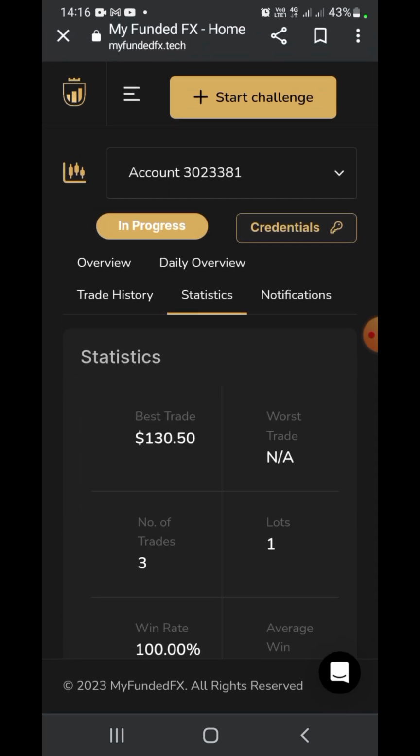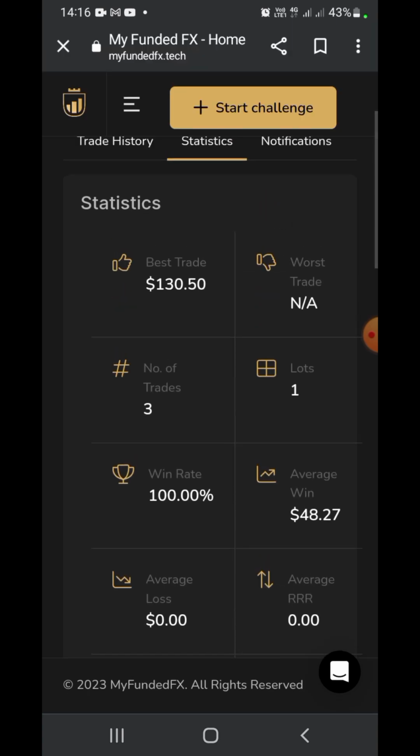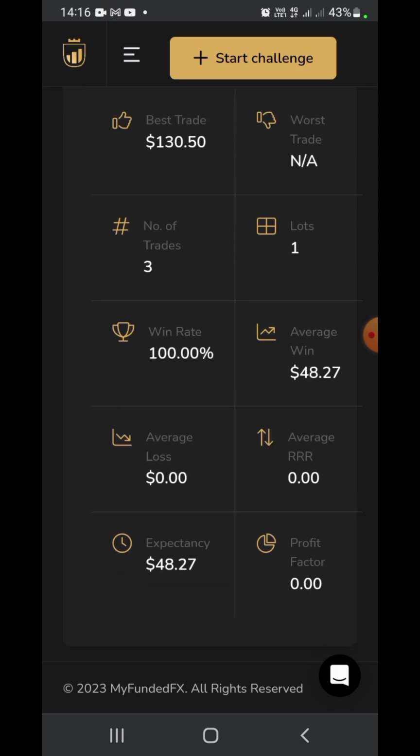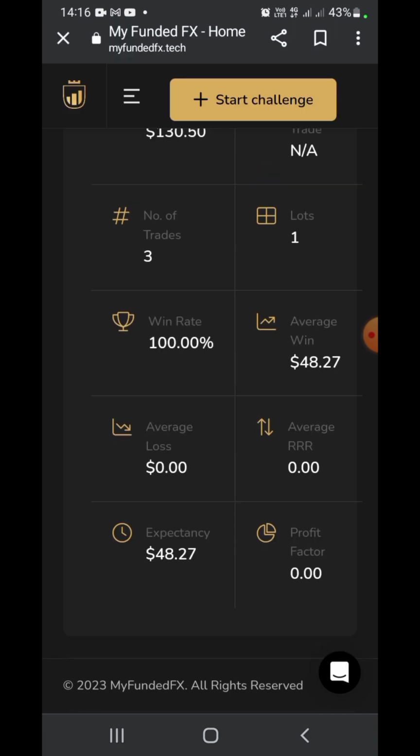So this is our current statistics at the moment. The best trade stands at $130. We don't have a worst trade yet, but it's good to expect a worst trade. Sometimes we might get a loss, and we have a good win rate, 100% win rate. And yeah, that's it for today.